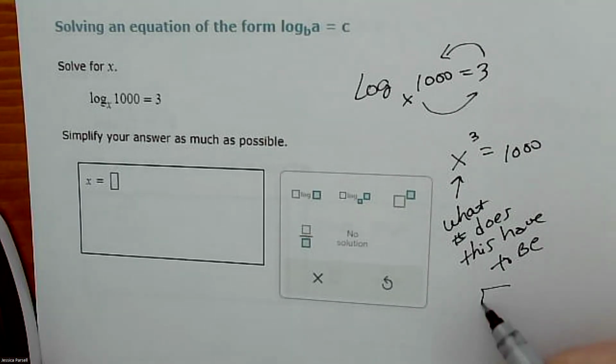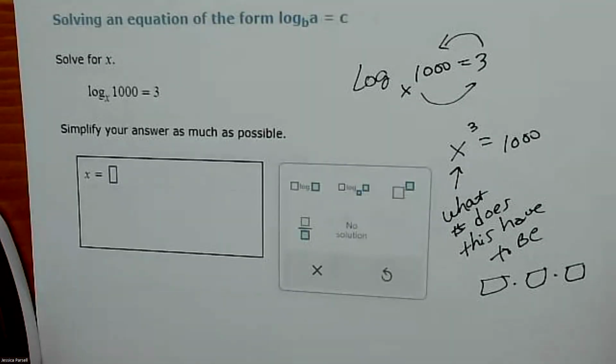Think about a number that if you were to multiply it times itself 3 times would be 1000, right? So hopefully you're thinking 10. 10 times 10 is 100, and 100 times 10 is going to be 1000. So x is equal to 10.